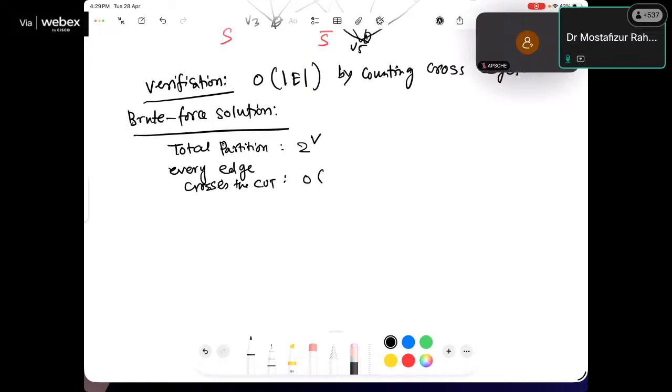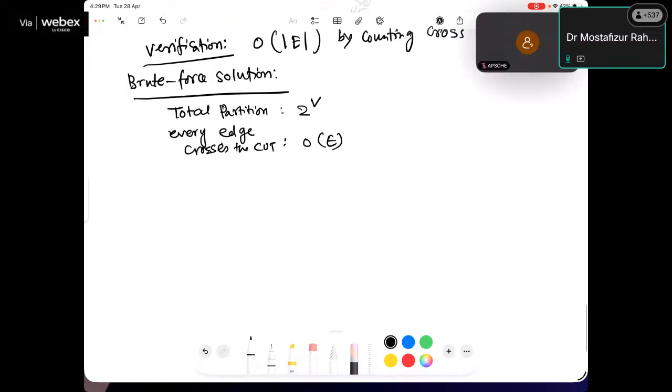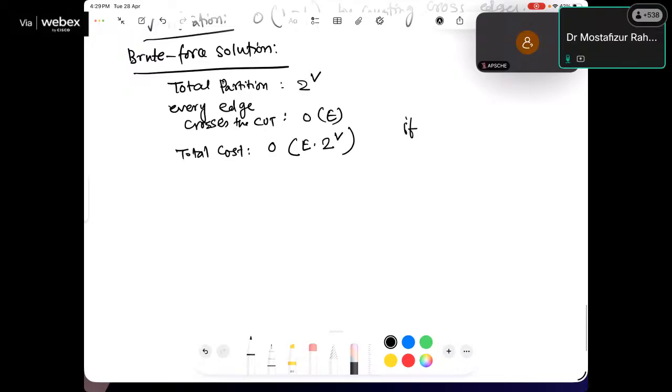So that is the order of E. Hence the total cost is order of E times 2 to the power V. So if you have E equals V equals N, the total number of edges equals the number of vertices equals N, then this is order of N times 2 to the power N. So that means it's an exponential complexity.